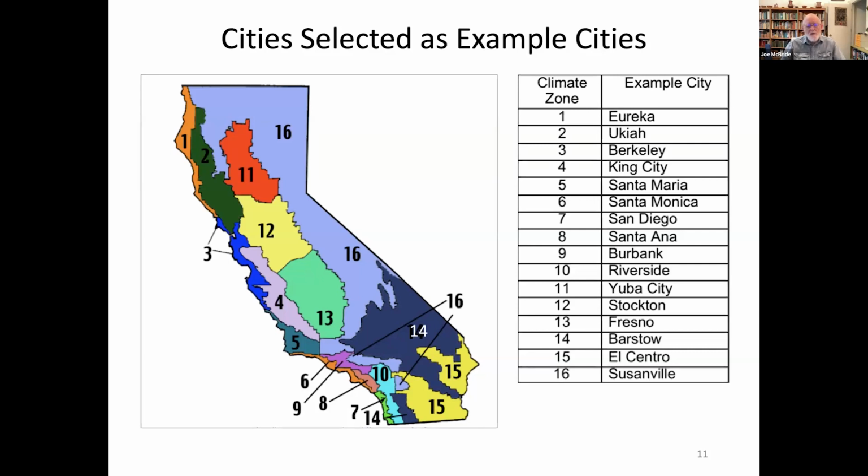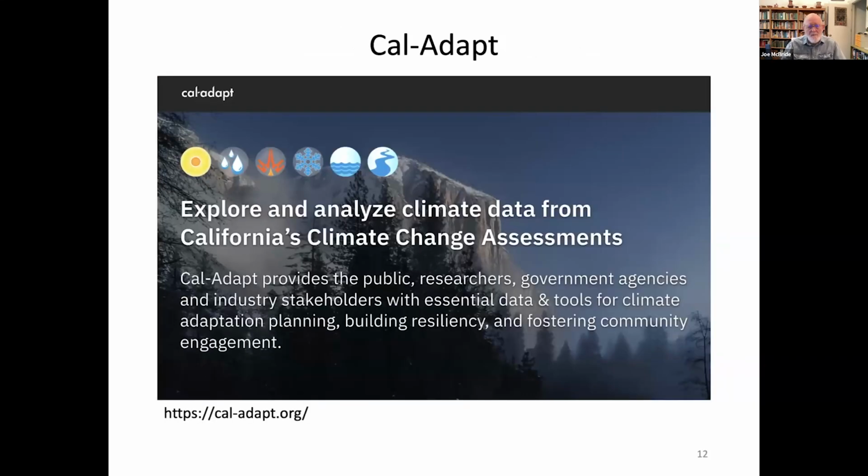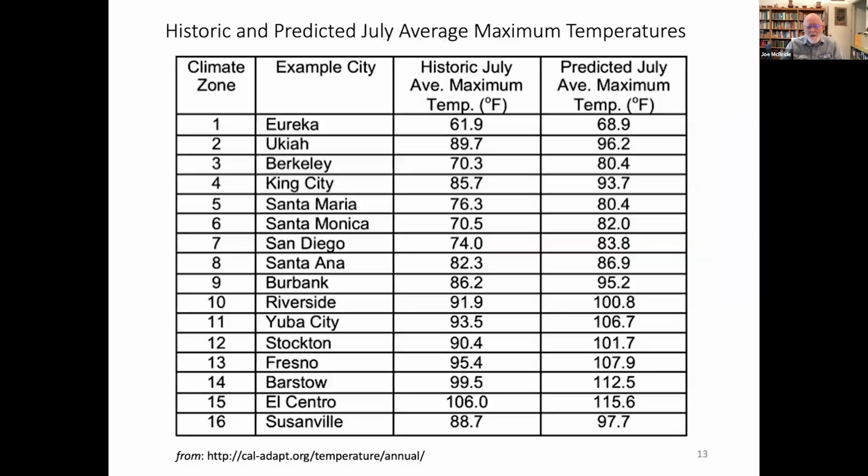And in zone number 3, Berkeley was picked as an example city. We used a program called CalAdapt, and there's a link to this program at the end of my presentation, that allows one to determine what future temperatures are going to be in the 16 climate zones in California. And this is the data that was derived from that.